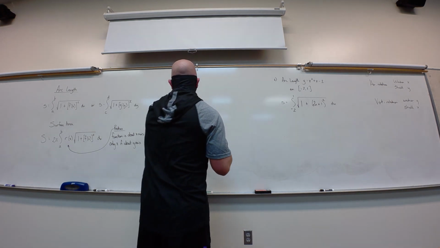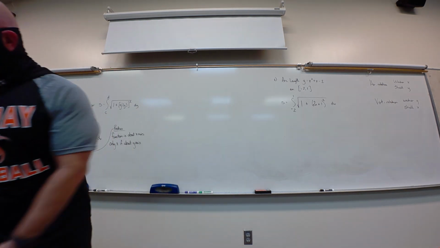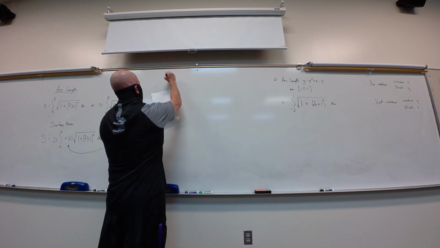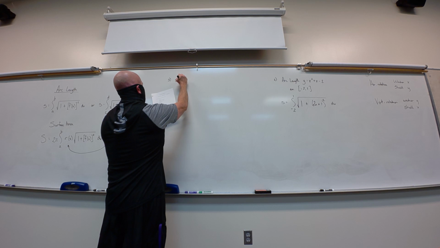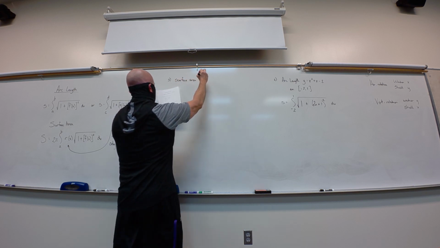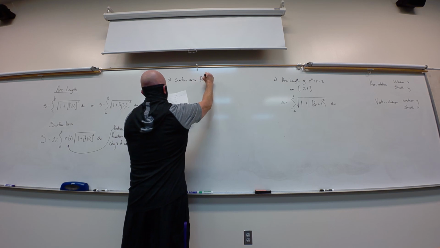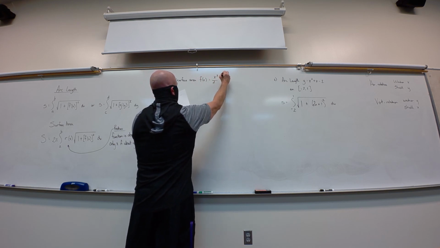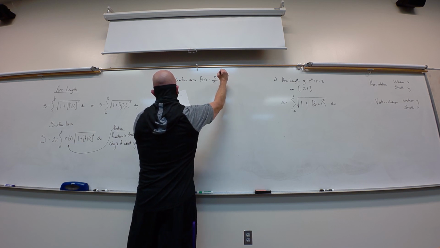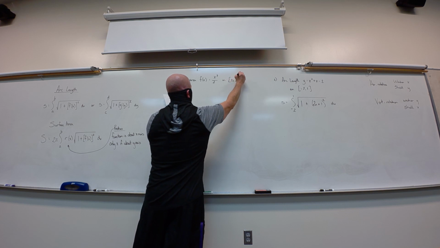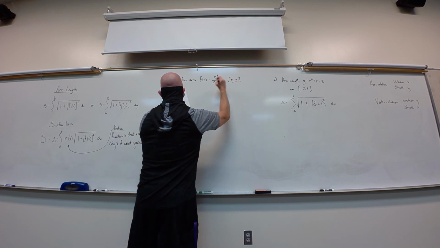On surface area, let's do this. C3. Surface area. The function f of x equals x cubed over 2, and 0 to 2 is my interval.